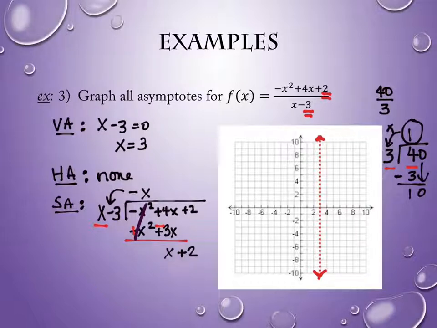Okay, back to our old-fashioned division problem. What did I do next now that I have a 10 down here? I just did it again. I looked at the 3 and I looked at the 10 and I asked myself the same question. How many times will 3 go into 10? Of course, that answer would be 3. 3 times 3 would be 9. And we'd subtract.